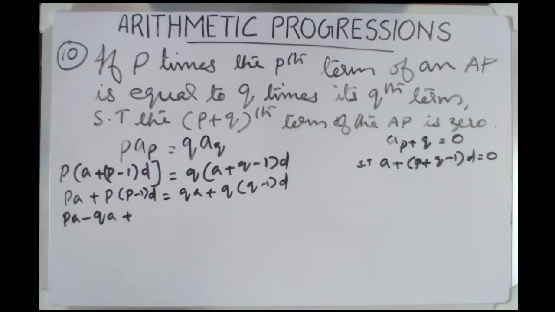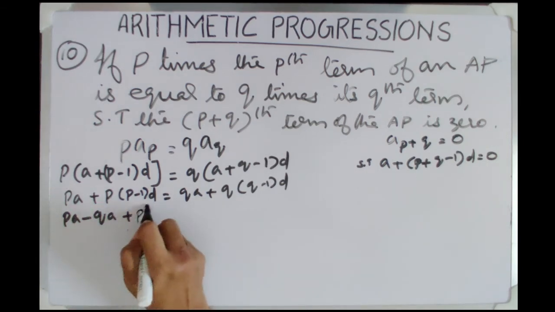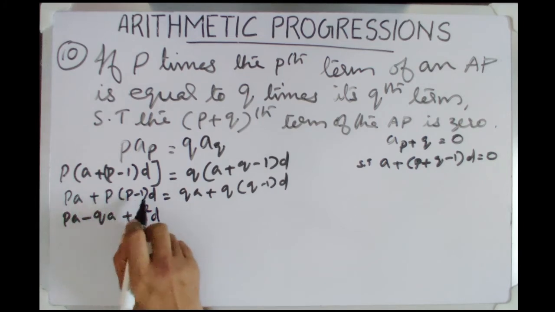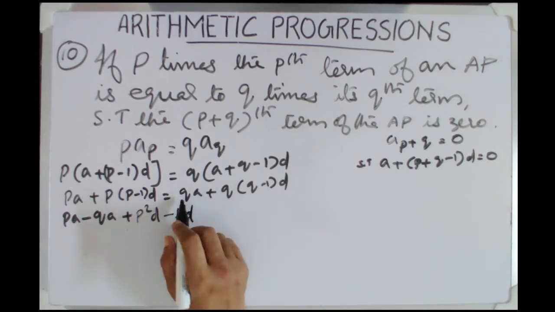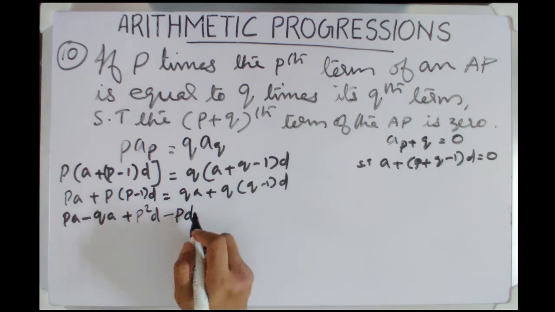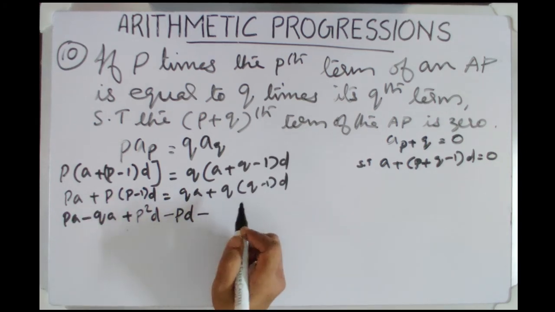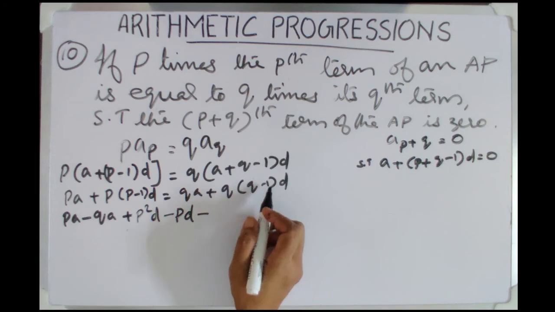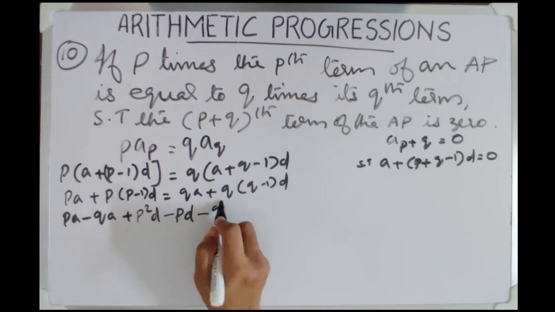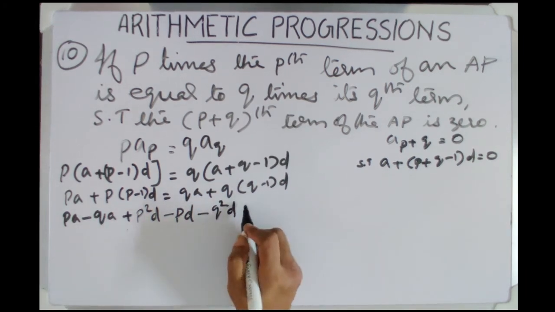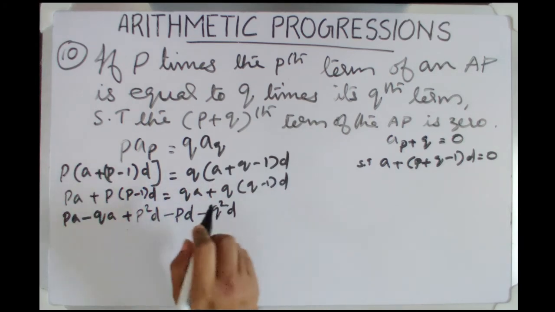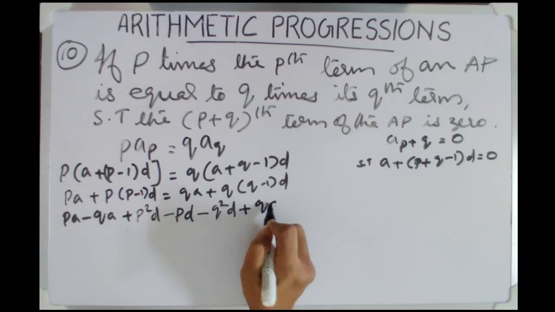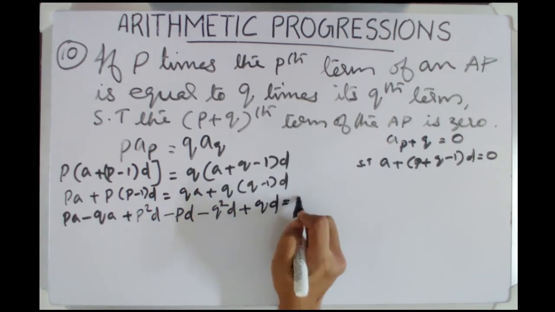Removing the bracket here also: p into p is p square into d, p into minus 1 is minus p into d. Then taking this term also here, minus q square into d, q into minus 1 means minus q into d, then it becomes plus qd, that is equal to 0.